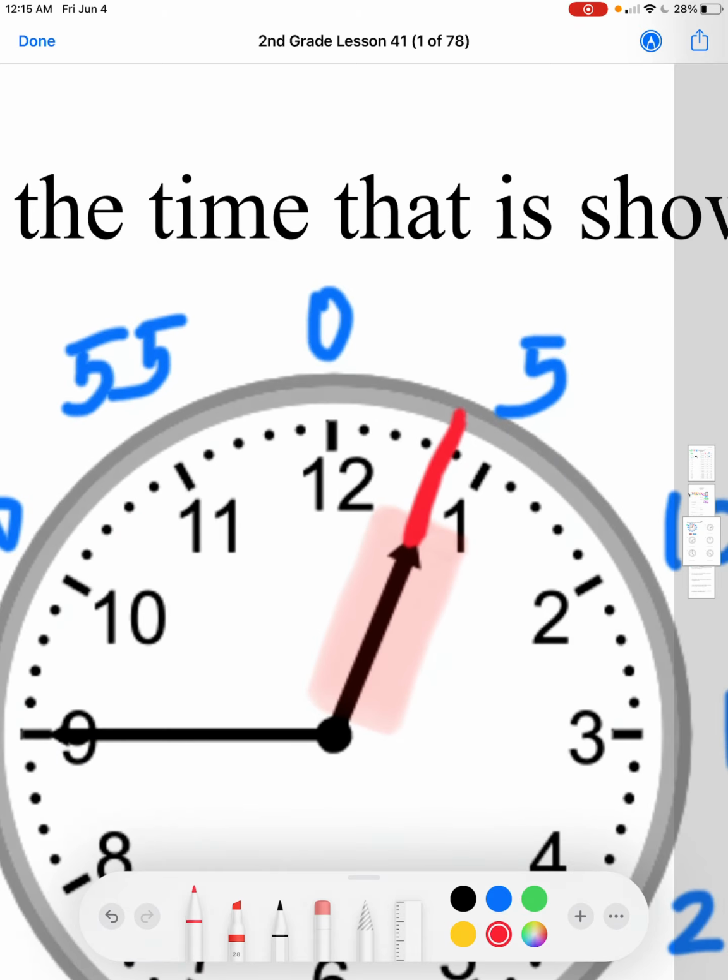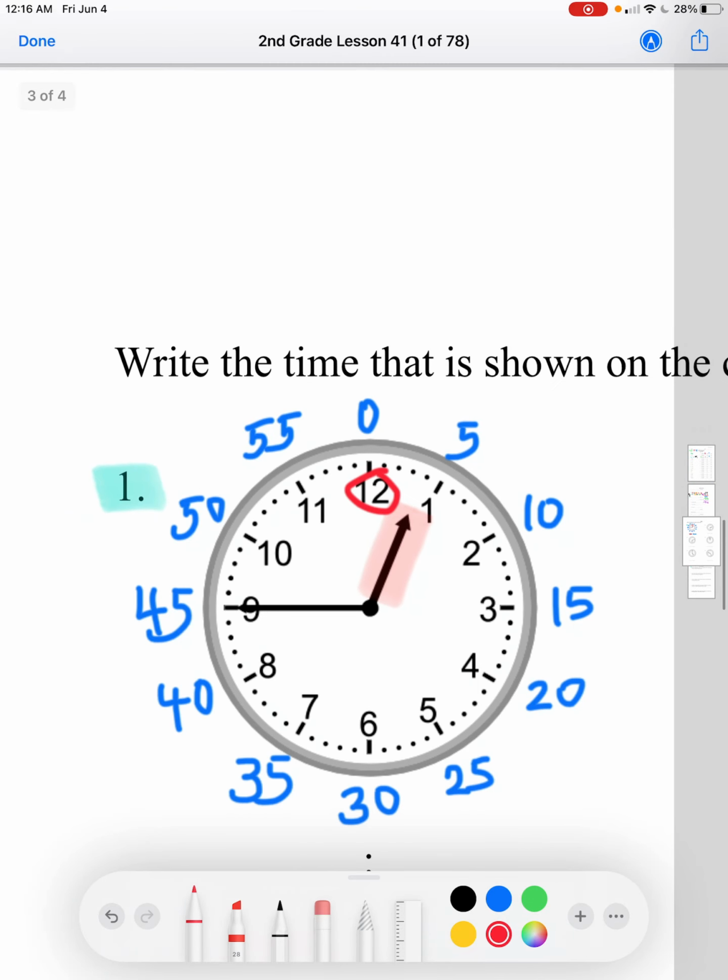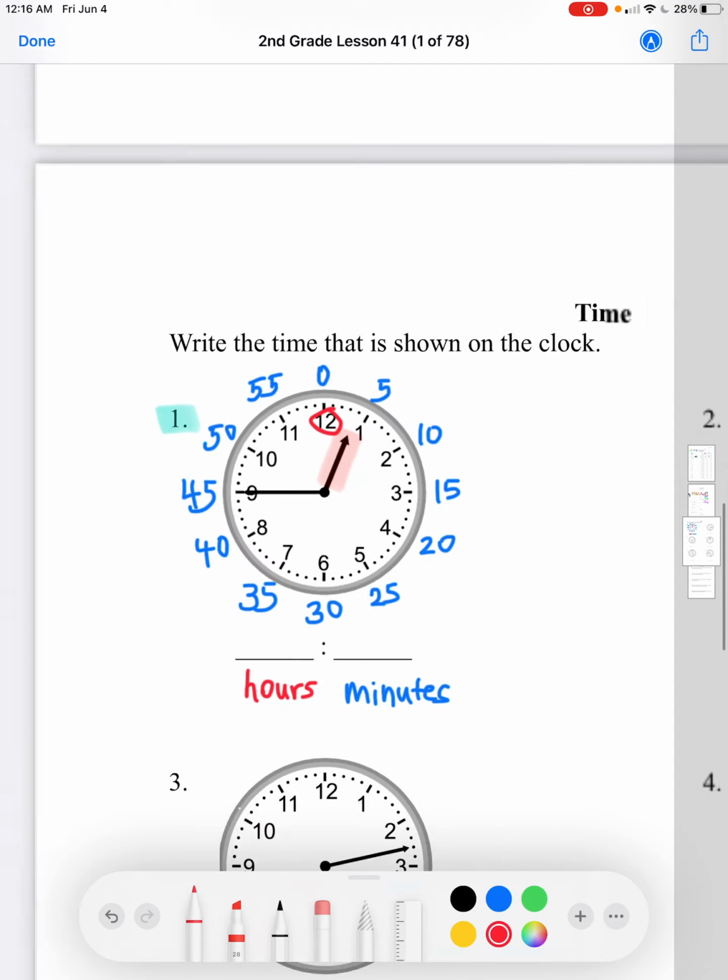During this time, the minute hand is going from here all the way around full circle. That means that the full hour hasn't been completed yet, so we're still at 12. So even if it's between two numbers, you're going to take the first number.